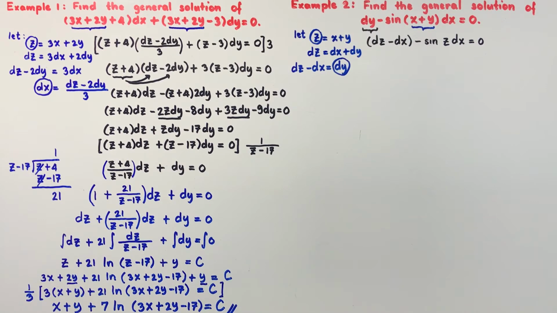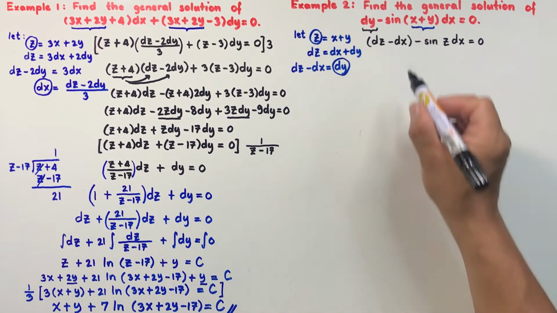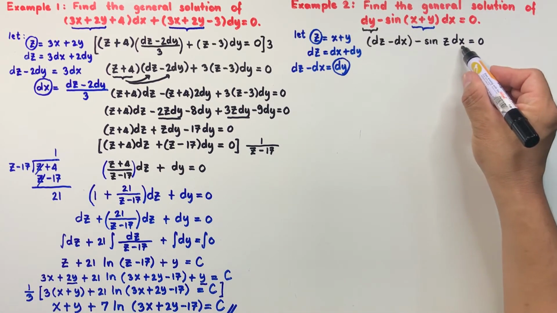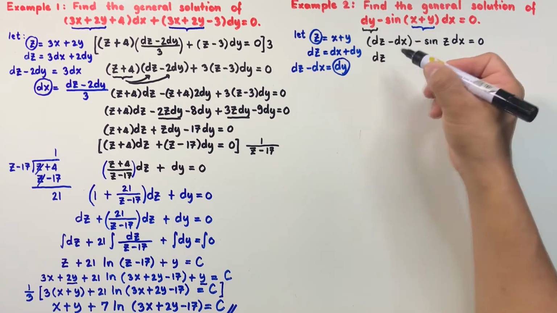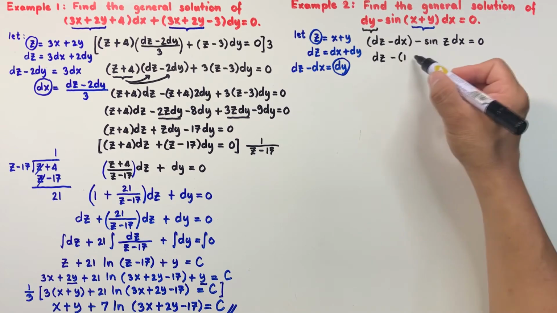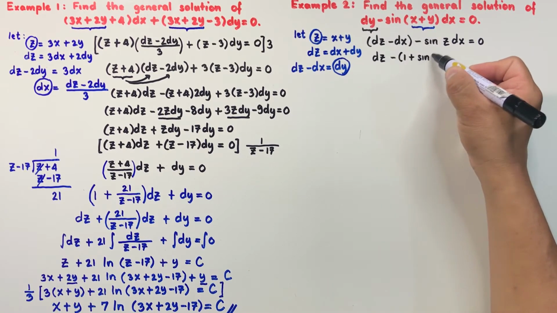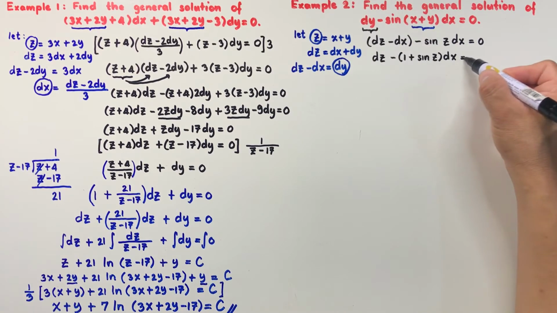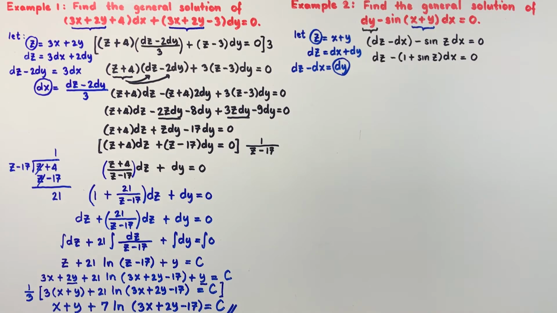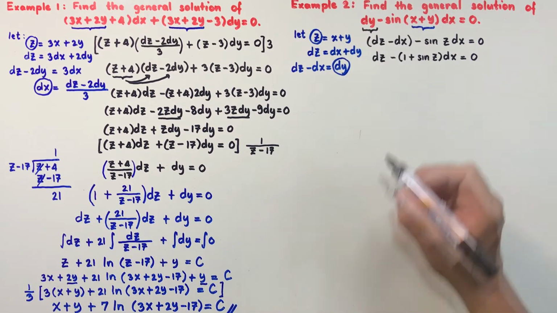So combining similar terms, because we have a dx here and we have the dx also here, we have dz minus 1 plus sine z times dx, and the whole expression is equal to 0. And we notice that this is already a separable differential equation.